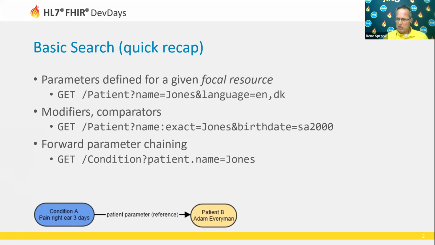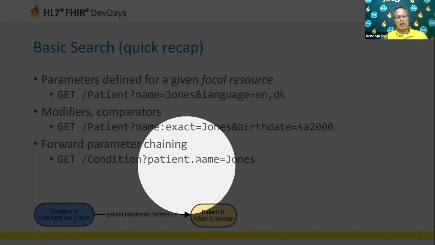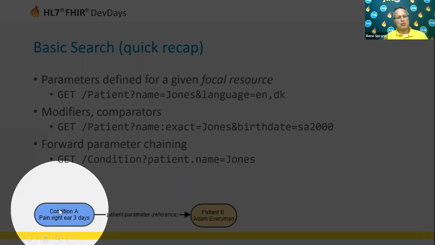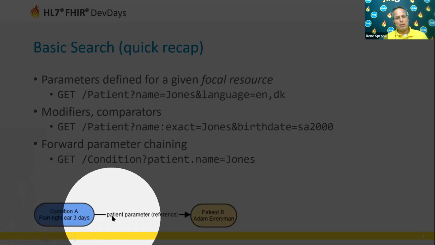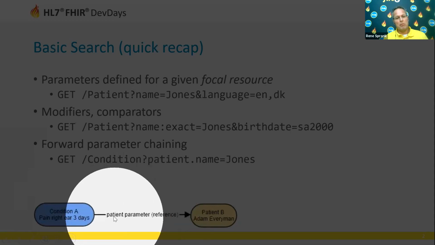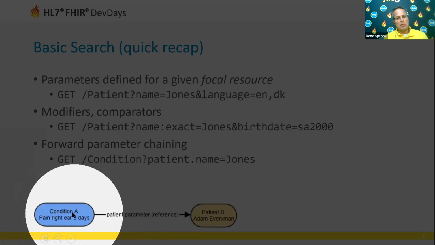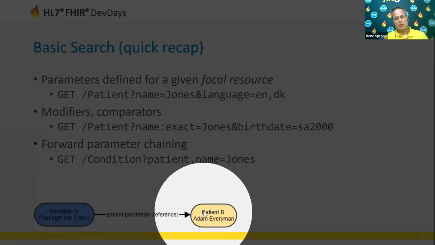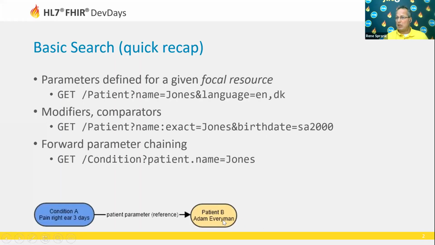This dotted notation in the parameter chaining only works because the condition resource, here in this diagram, has a search parameter of type reference called patient, which mimics the reference that exists from condition to patient, in this case our example patient, Adam Everyman.